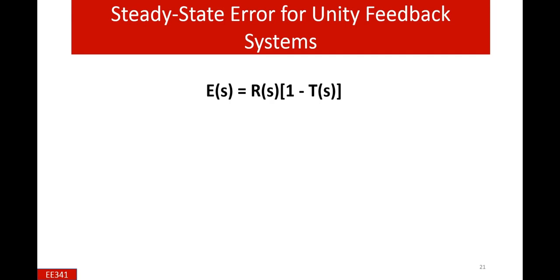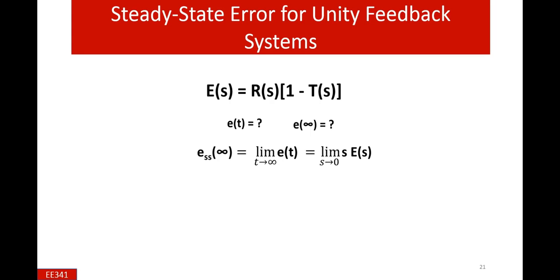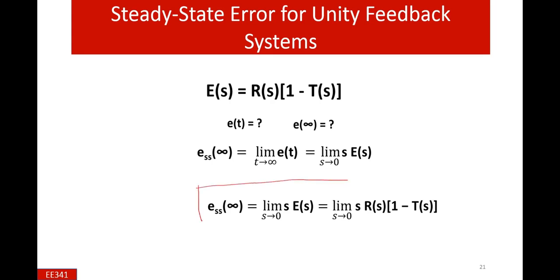But this is in the frequency domain. To find the definition of the steady state error in the time domain, we again have to apply the final value theorem. According to the definition, we multiply by s in the frequency domain and apply the limit as s approaches 0, and this represents the steady state error.